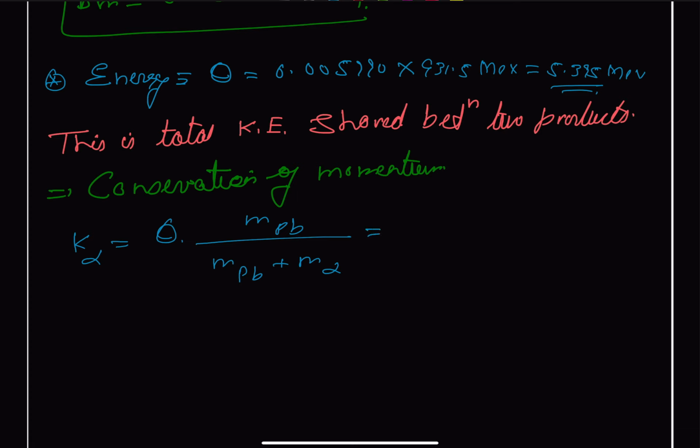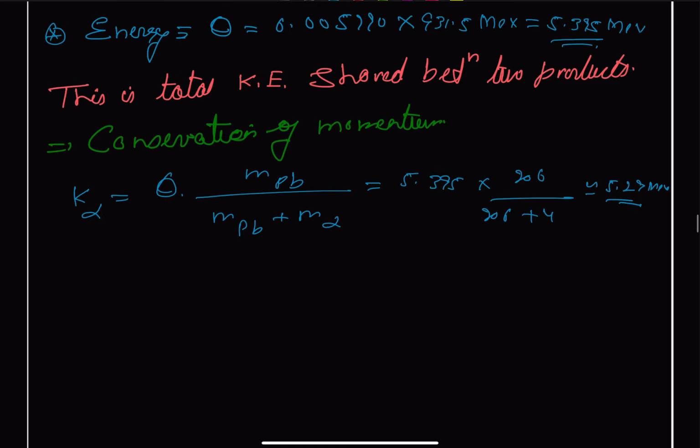We can just approximate it. Q we already know is 5.395, and we can write this as 206 divided by 206 plus 4, and this comes as approximately 5.29 mega electron volt.